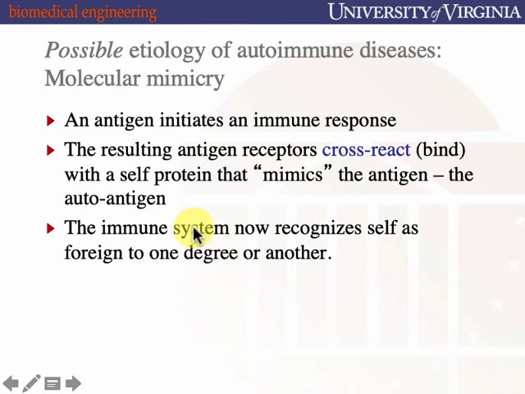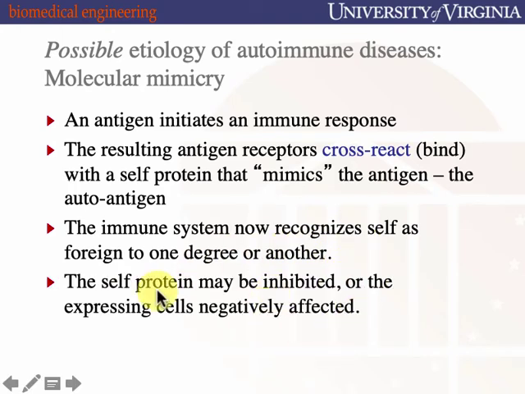And now, if we continue to mature, now you've got that autoantigen rifling through your body, right? And it looks to the immune system that your body is an infection, right? And so you're getting copious amounts of that motif priming the immune system. And now the self-protein may be inhibited if that protein has a specific function, like a growth factor.